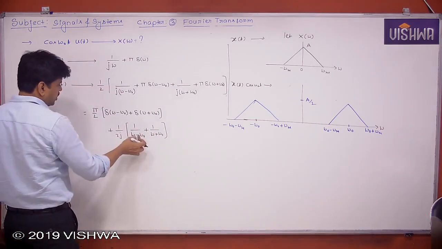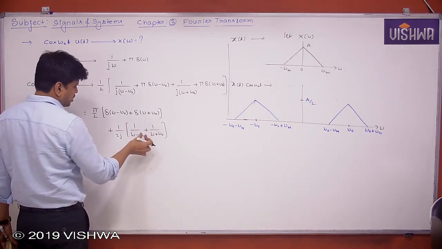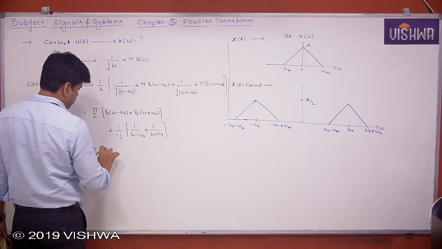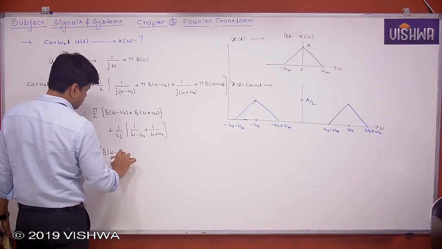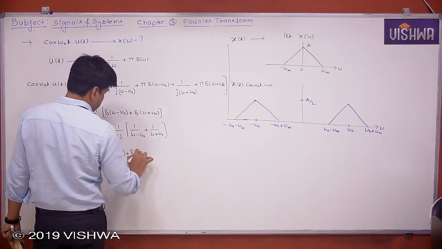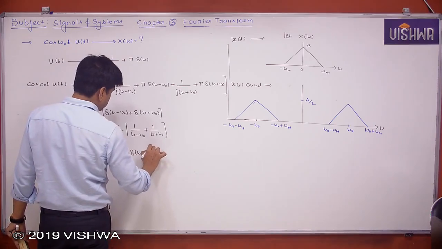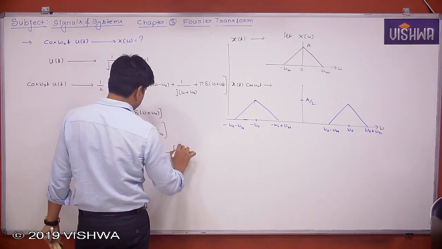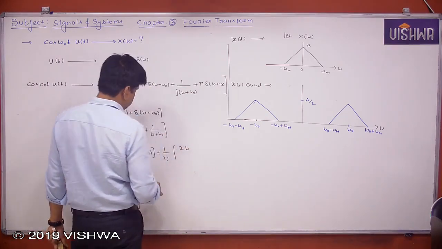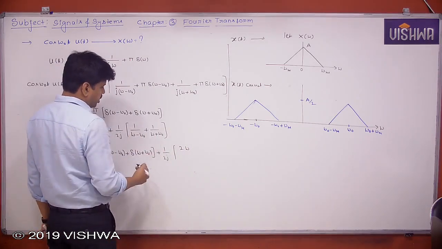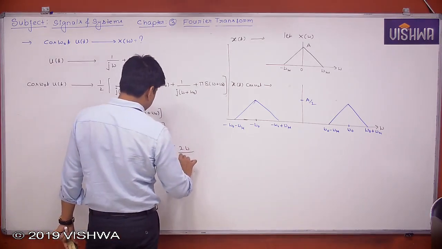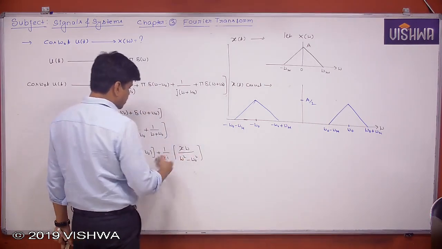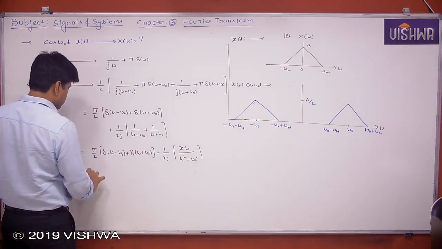Then if I take omega square minus omega naught square as LCM, we are left with pi by 2 delta omega minus omega naught plus delta omega plus omega naught plus 1 by 2j times 2 omega by omega square minus omega naught square. The omega plus omega naught and omega minus omega naught terms combine, and the 2 gets cancelled. So finally this is the Fourier transform we are going to get.